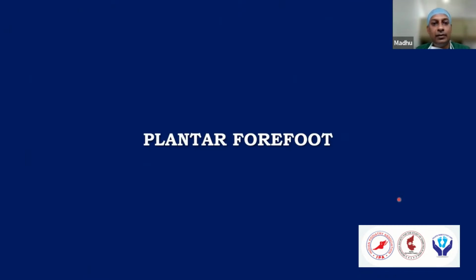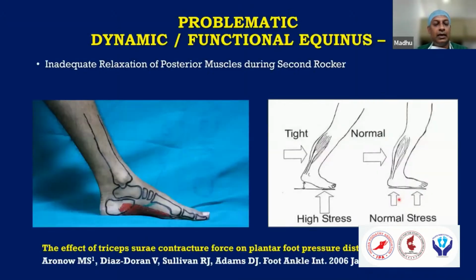So the next ulcer we come to is the forefoot ulcers. The forefoot ulcers are very closely related to the tension in the posterior muscles. So they usually occur because of a structural or dynamic functional equinus contracture of the ankle.